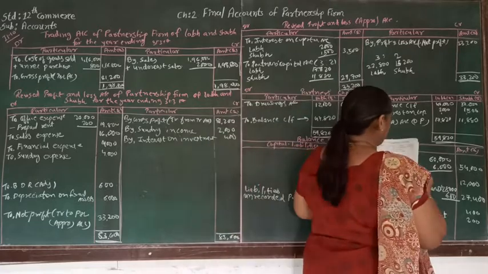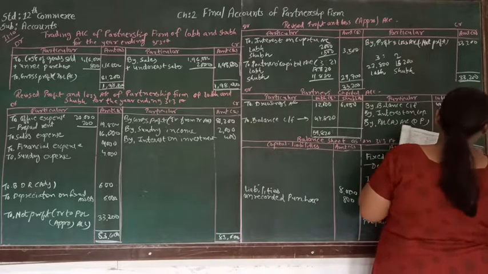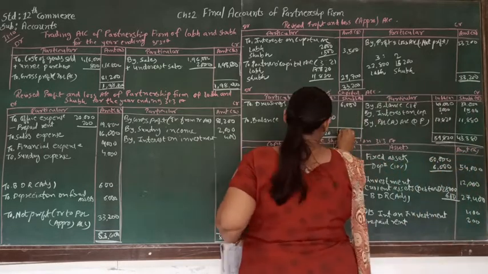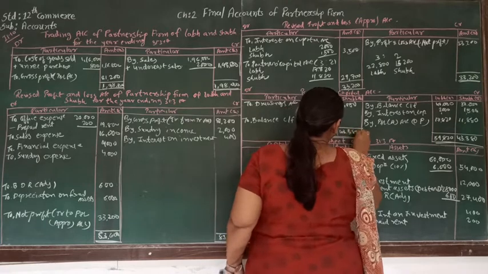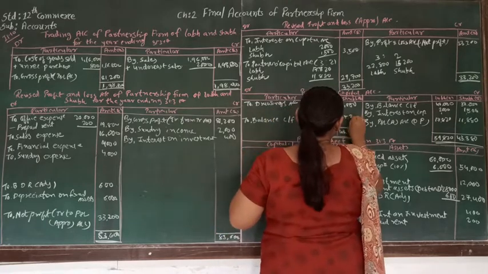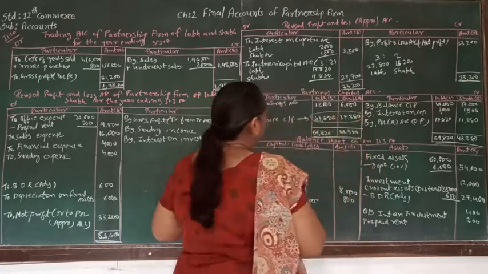Now let's see the total of the credit side: 30,000, 1,500, 11,880, that is 43,380. From 43,380, if we deduct 6,000, it is 37,380. So this is the capital account of Love and Soup.